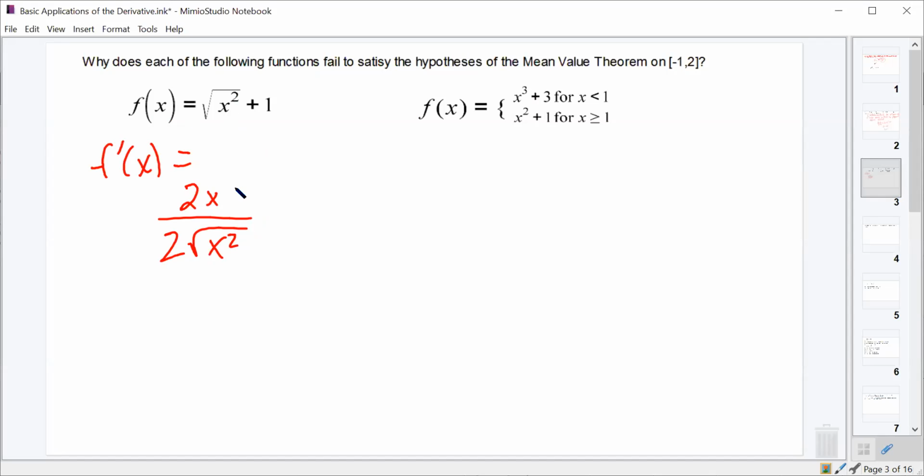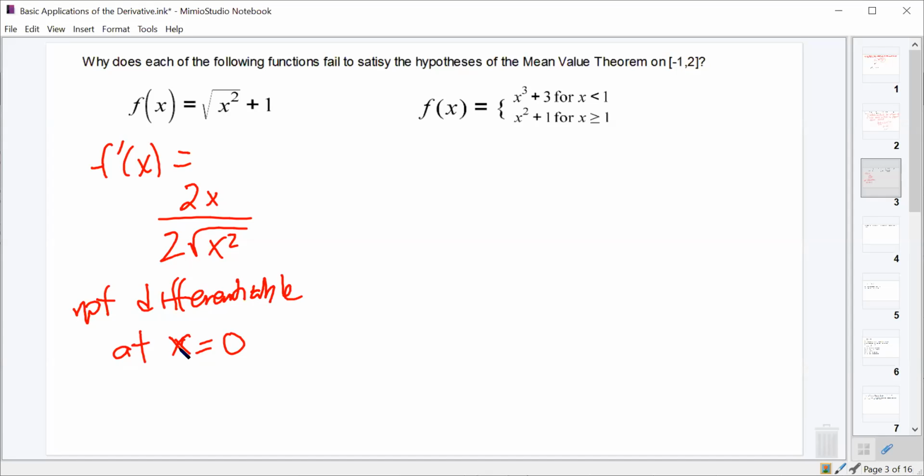And what does that give us here? We have an issue with our differentiability, right? Not differentiable at x equals 0. So mean value theorem doesn't apply for this one.